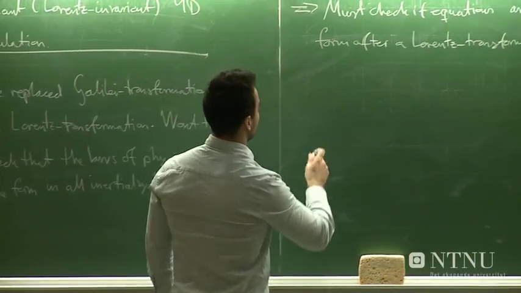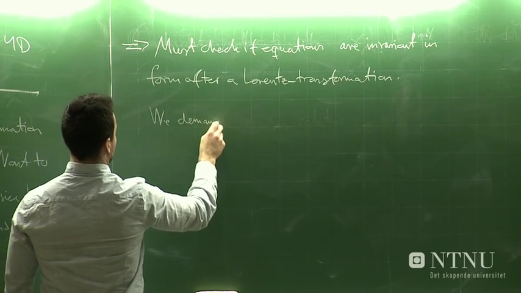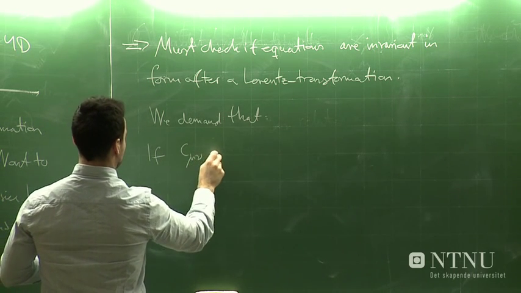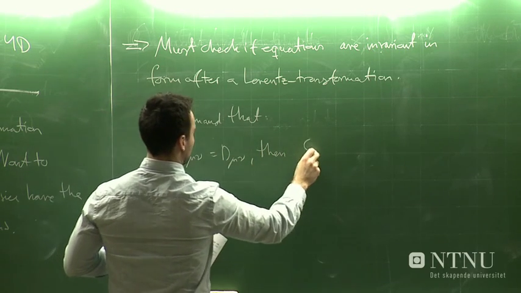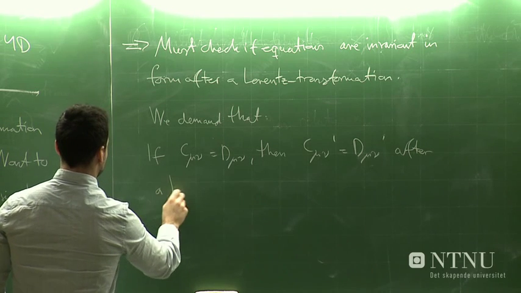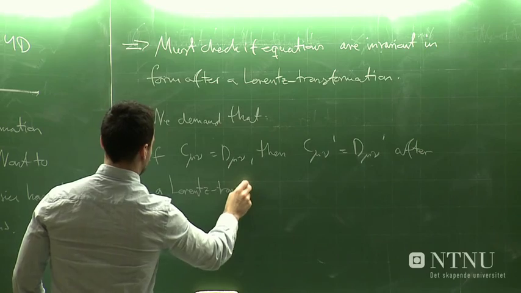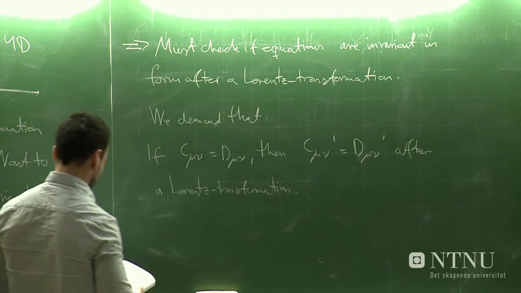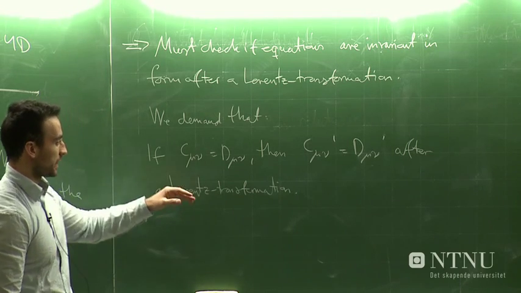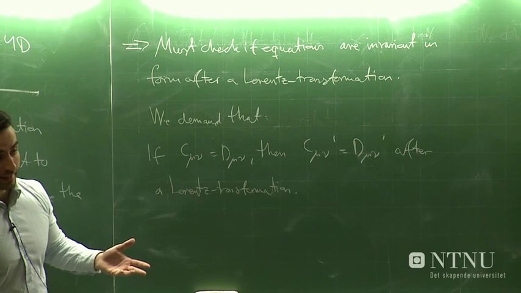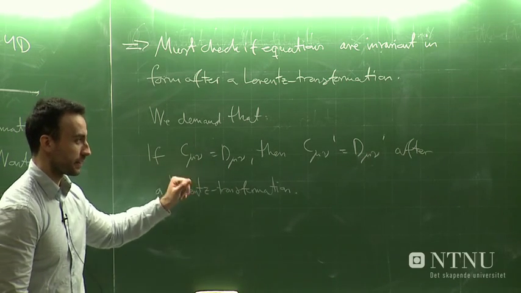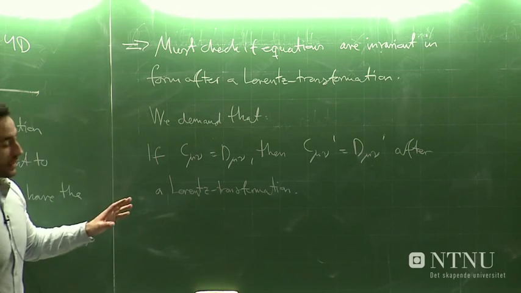So what we're demanding here is that if you have the following equation describing some law of physics, where you have, in general, a matrix equation, which may be a scalar equation just in the special case of a one-by-one matrix, you have C equals D. Then if you Lorentz transform both sides of the equation, so you get C prime equals D prime, they should have the same form.